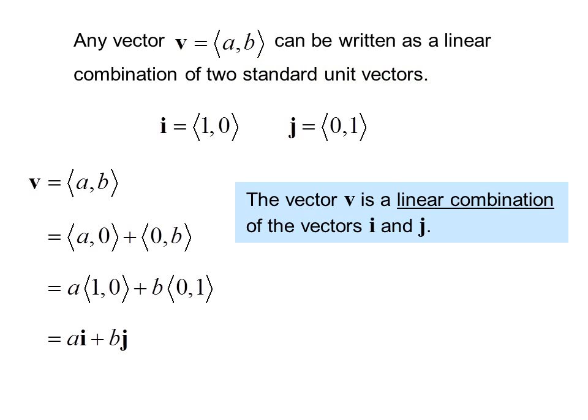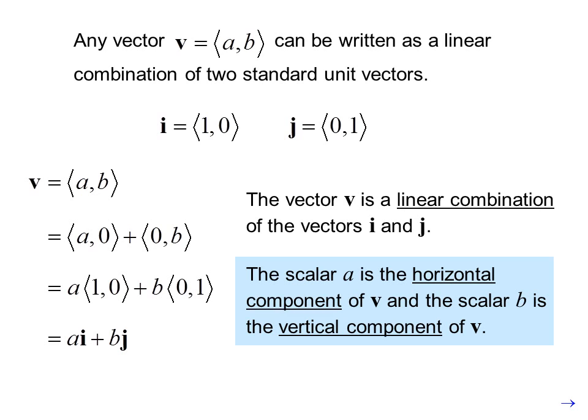The vector V is a linear combination of the vectors i and j. The scalar A is the horizontal component of V, and the scalar B is the vertical component of V.